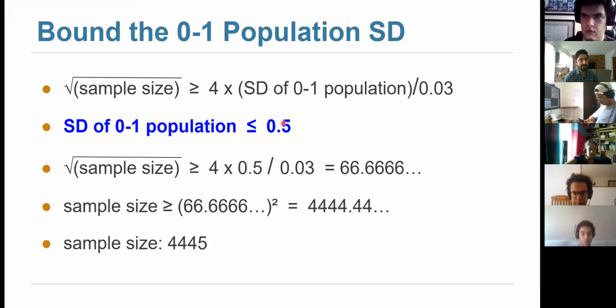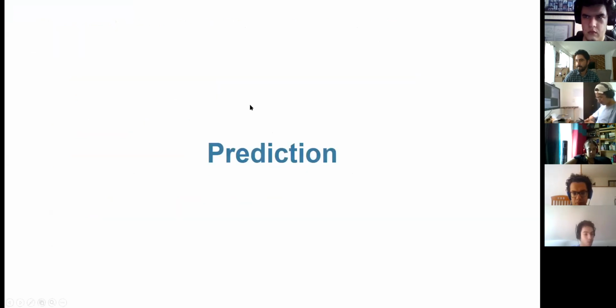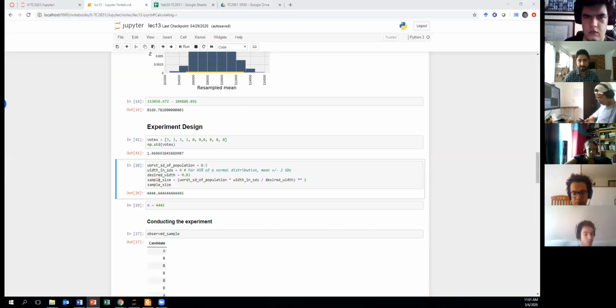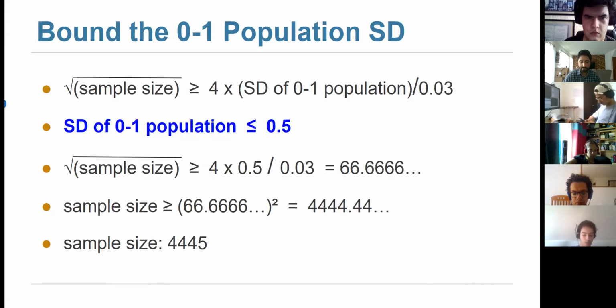Let me put that in the calculator and see what number we get. 4 multiplied by 1.5, divided by 0.03, all squared.